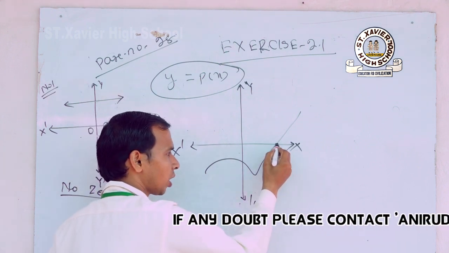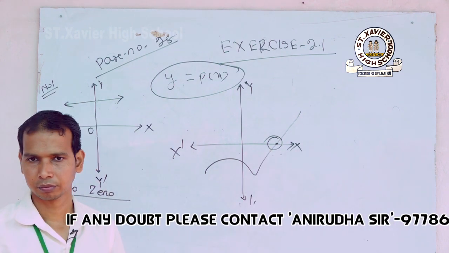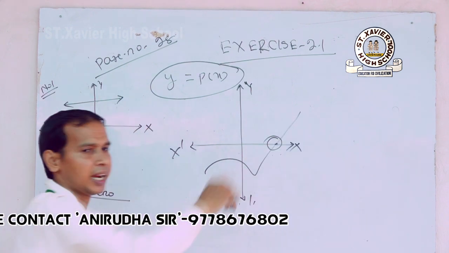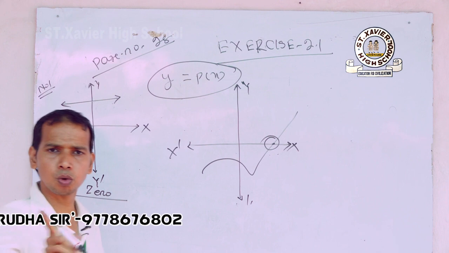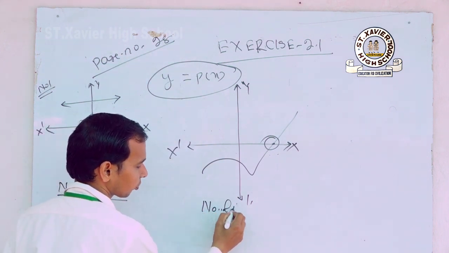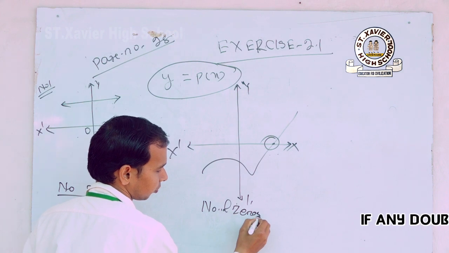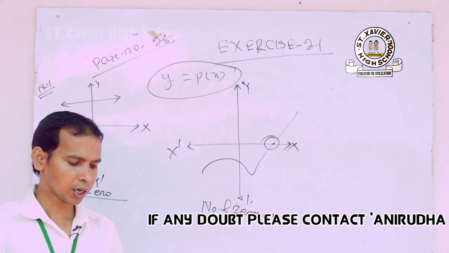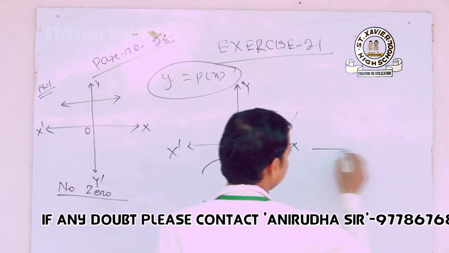Look, this is the point. So there is one intersecting point, so the number of zeros here is 1. Confirm this.